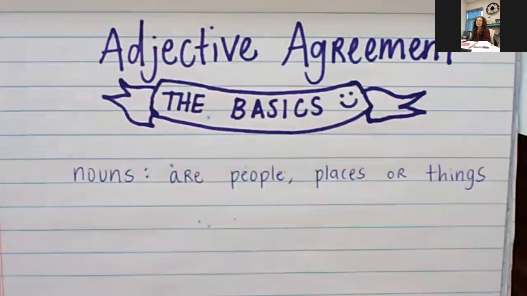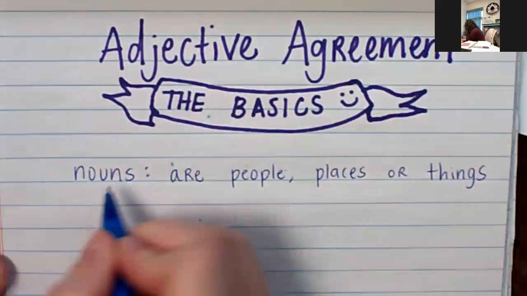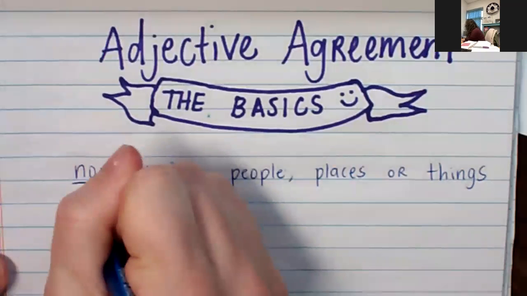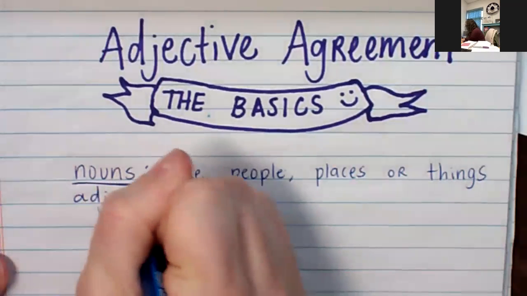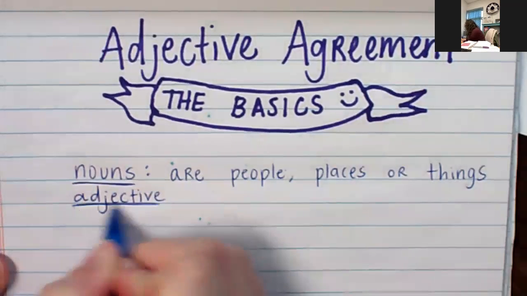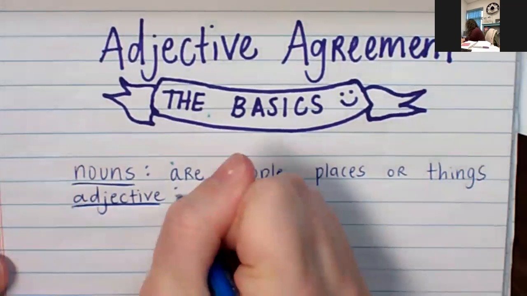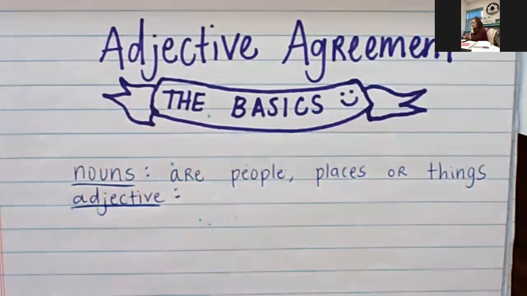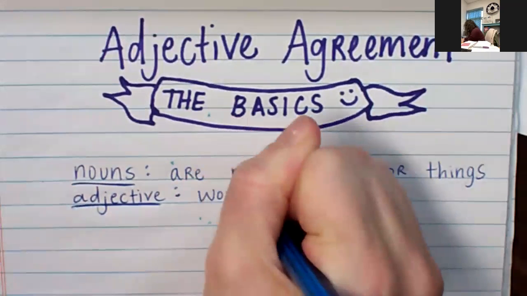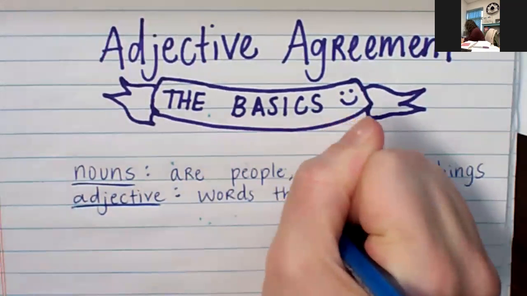People, places, or things. And then we also need to know what is an adjective. Some people might not know what adjectives are in English, but it's pretty simple. Adjectives are words that describe nouns.